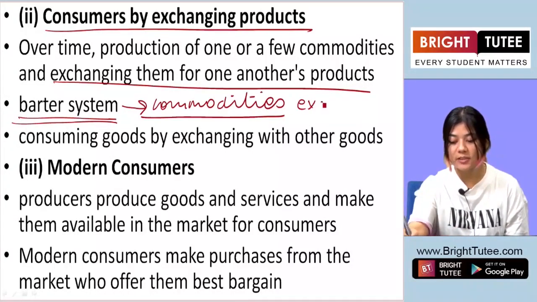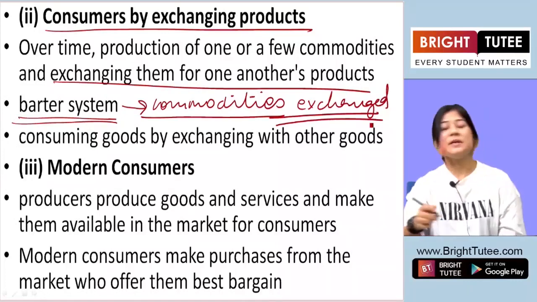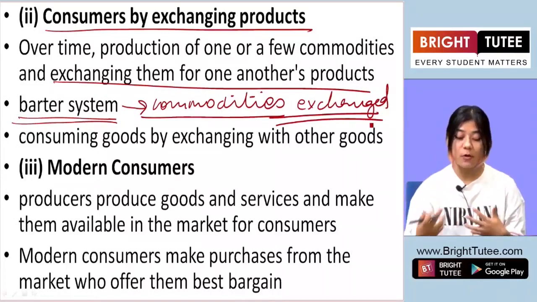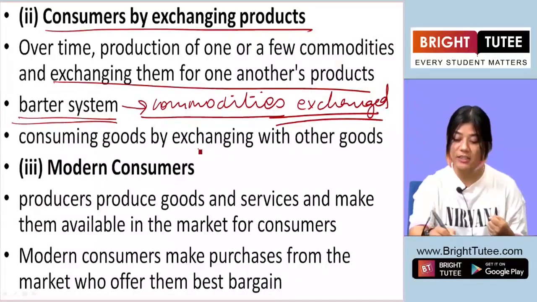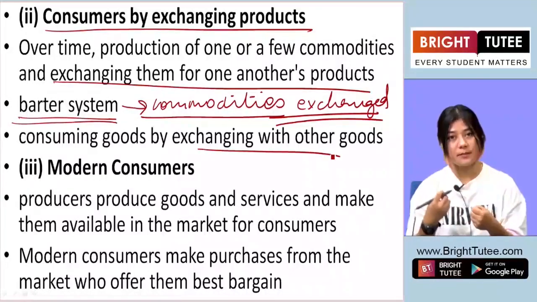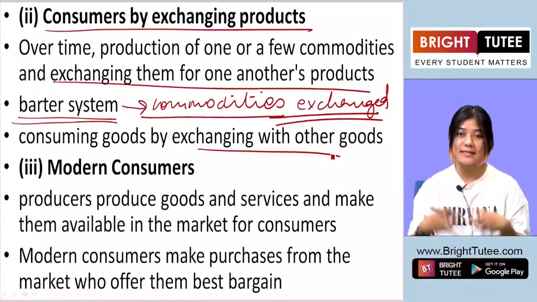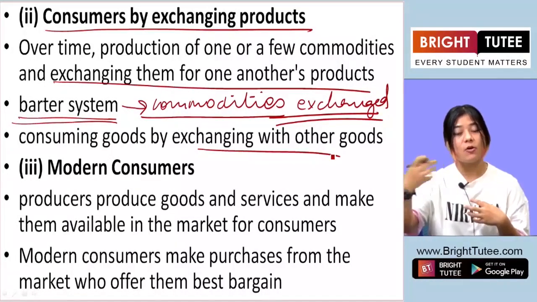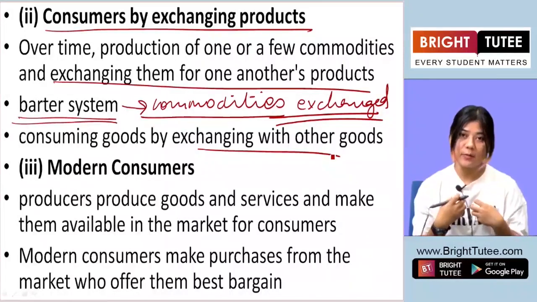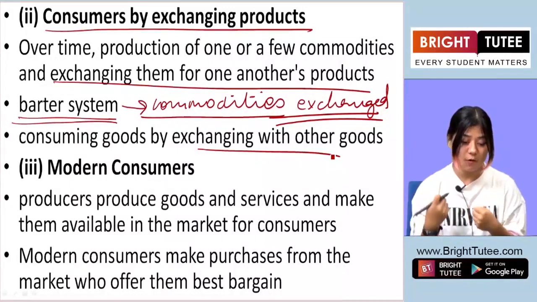So people now began to exchange commodities, and goods were consumed by exchanging goods with other people. Whatever commodities or goods that people had, they exchanged with other people and got other products that they required. That is how consumption took place, through exchanging of products.